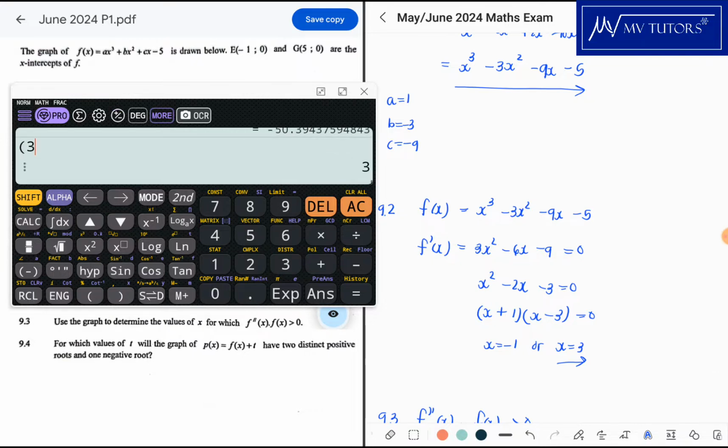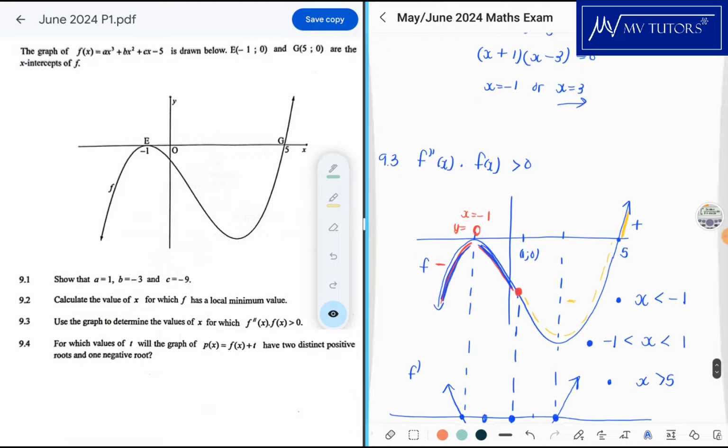So I have 3 cubed minus 3 times 3 squared minus 9 times 3 minus 5. Okay, so the y value is -32.